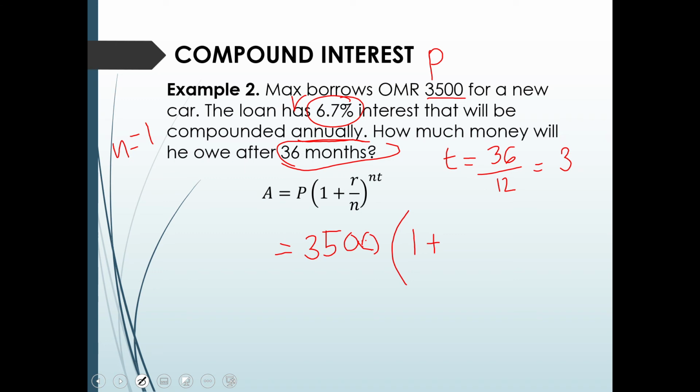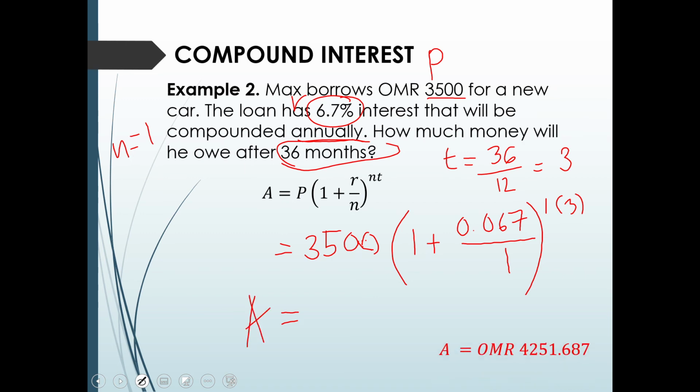What is the rate? 6.7 divided by 100, so 0.067, all over N. Annually, 1, times NT, so 1 times 3. So your A will be 4,251 Riyals and 687 Baisa.